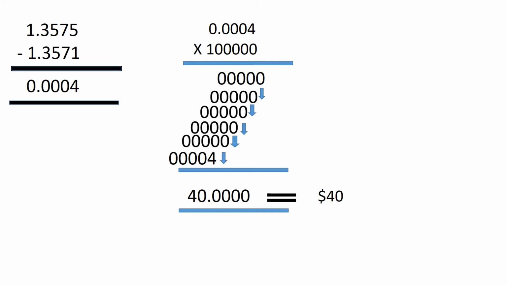So we have 4 numbers before the point coming from the back. Then we come down and we count. We have 5 zeros and a 4. So we count from the back 1, 2, 3, 4, and we put our point there. So our point is now between the 5th zero and the other 4 zeros, which, moving on, we now have $40, which is our profit. So that's how you calculate your profit.